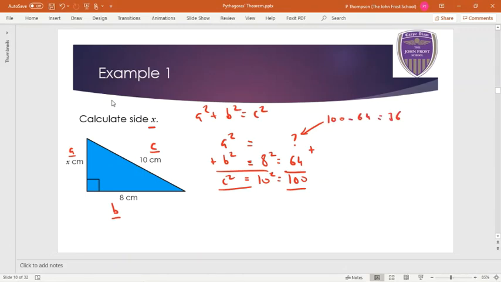So we know that a squared is 36. As usual, we want to find a, so the root of 36 would be 6 centimeters. Remember, this was called x, so x would be 6 centimeters. You'll notice this is the same as the first example from the previous video. If you don't believe me, go and check that out to prove that it works.